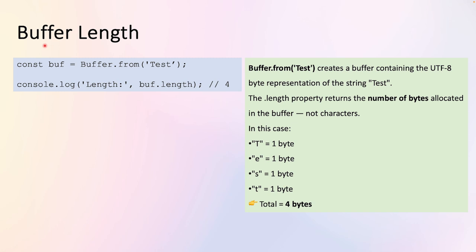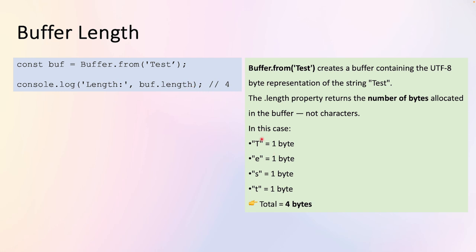Let's discuss the length property of the buffer. The length property returns the number of bytes of the buffer, not the number of characters of what we are storing. In this case, test is a string which I am storing in the buffer, and if I call length on the buffer, it will provide 4.